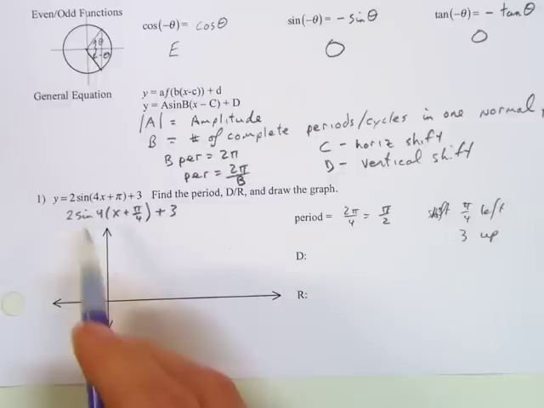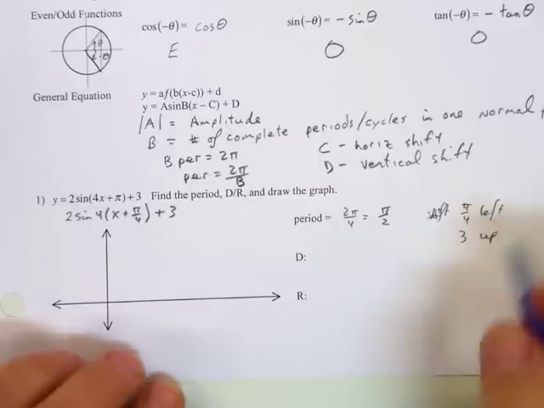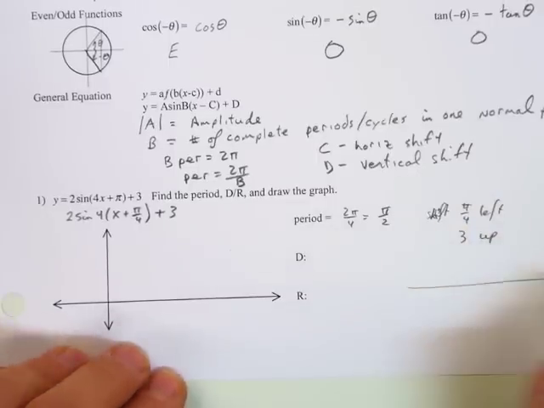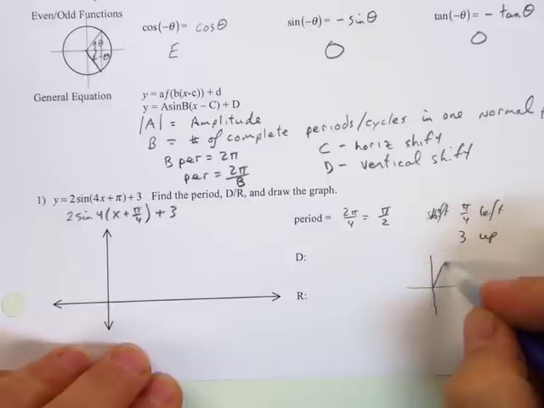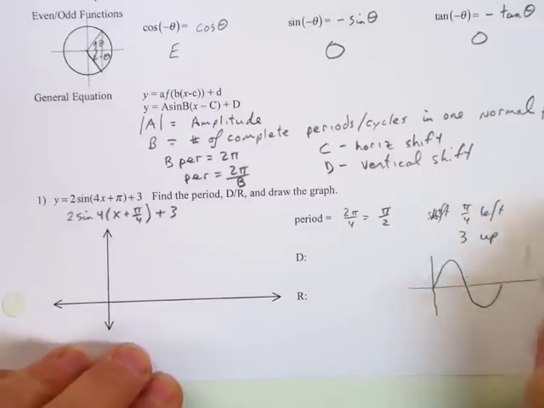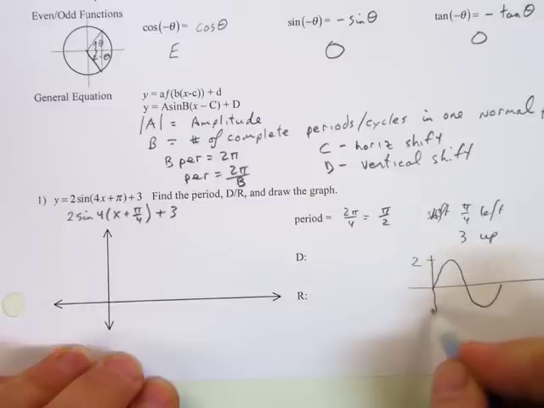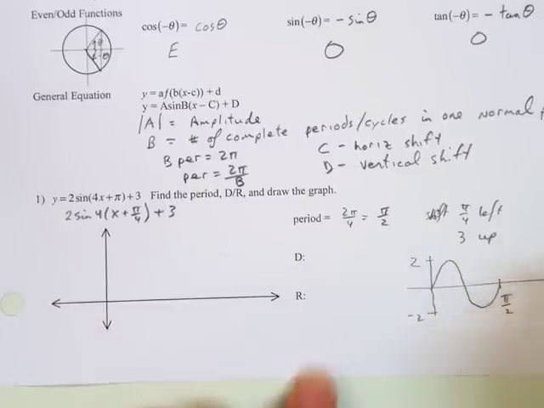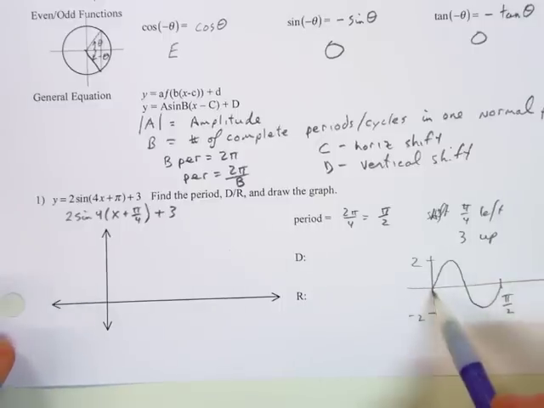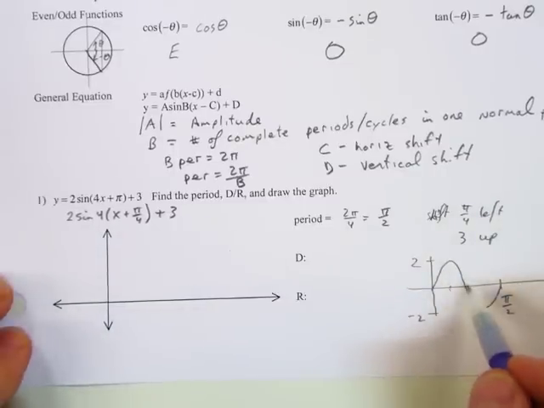Now, when I have all 4 spots done, I usually graph this twice. The first thing I would start to do is just graph a sine graph. This value is now 2. The bottom one is -2. We know this is pi over 2 since that's the period. Now, since we have to label our 5 values, 0 not included, how do I find these other ones?